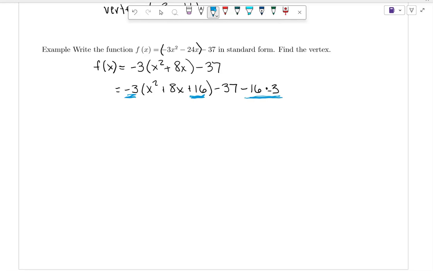And when you do that, you have to counter it because you can't just add 16 to a function and expect it to be the same function. So since we're adding 16 and multiplying it by 3 in that first half, you have to subtract it at the end. So really we're just adding the subtraction on at the end so that it's still the same function.